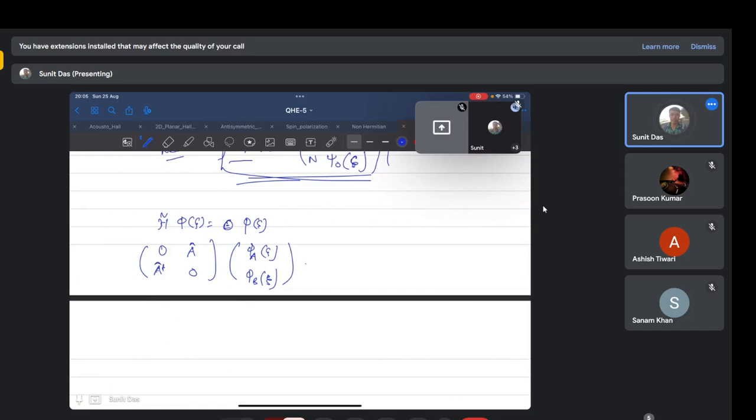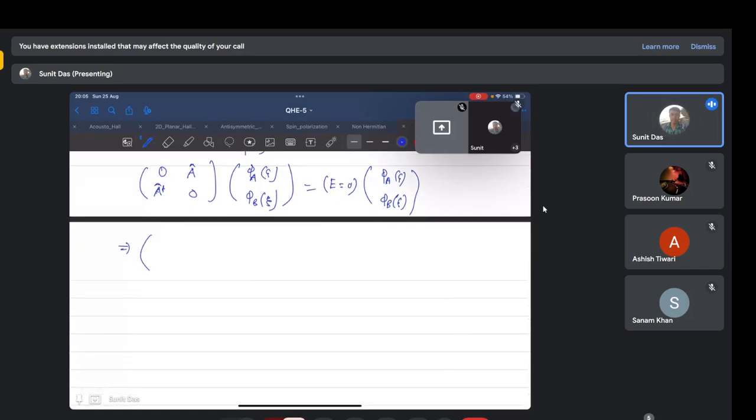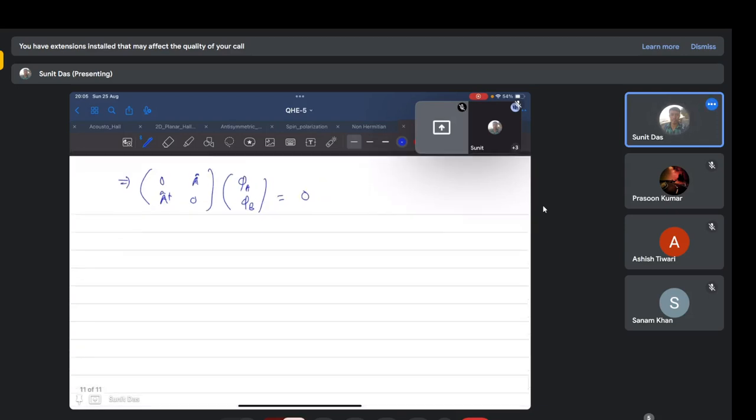This was energy equal to 0, and this is simply 0, a dagger, 0, and then phi a, and then phi b.